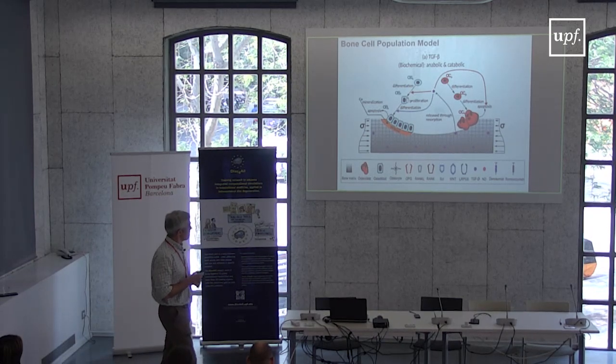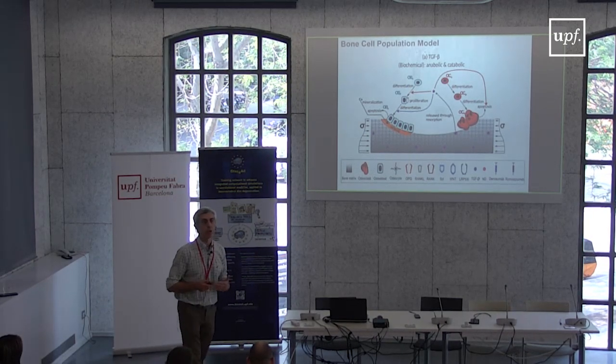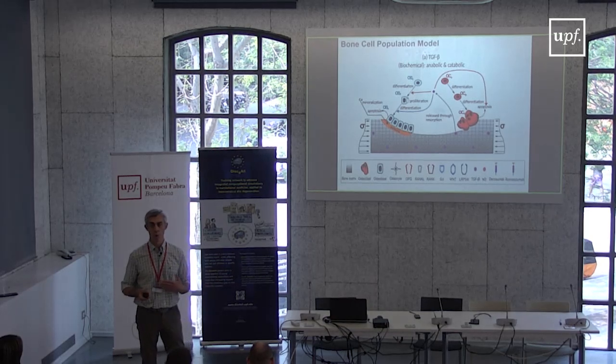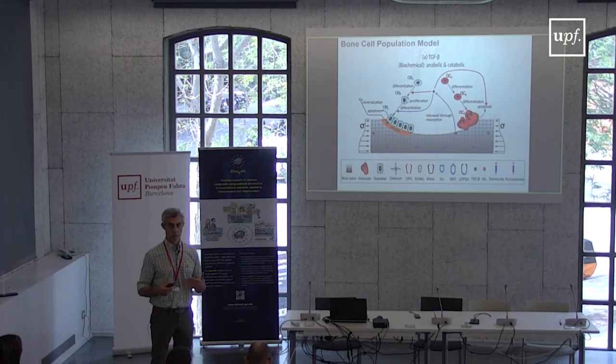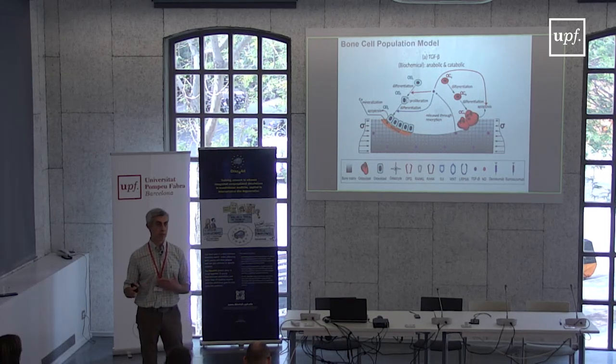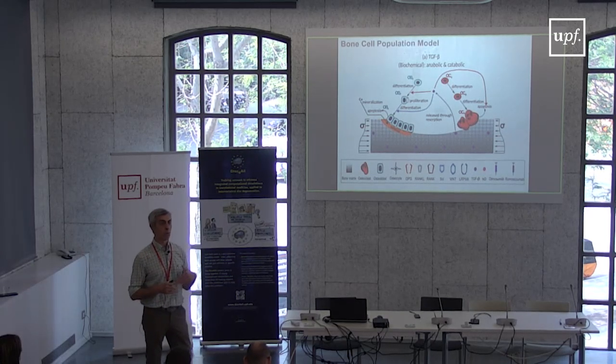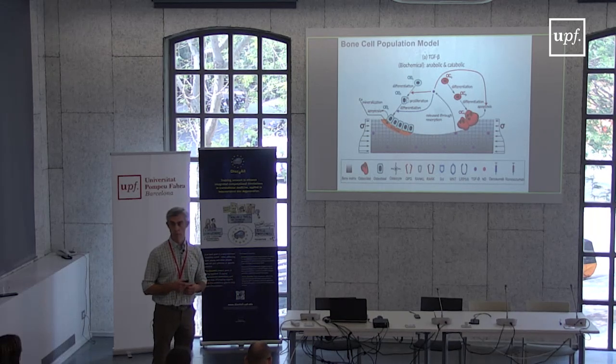And then the blue cells, the osteoblasts, form new bone. In this way, we are renewing bone structure, and we are replacing the old and damaged bone with new intact bone.